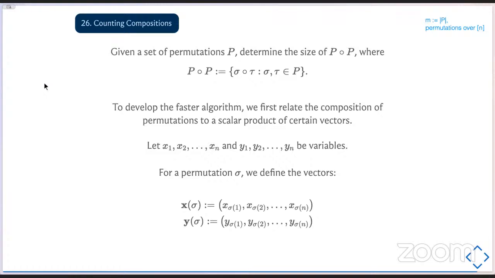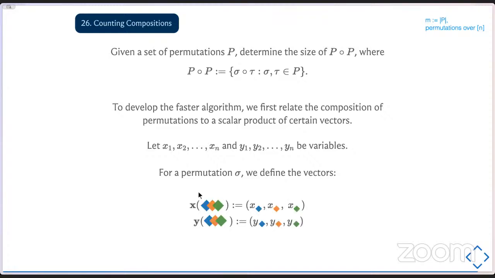And again, what we are going to do is, here's our linear algebra bit. So let's associate permutations with vectors. We're going to have these two vectors, x and y, both indexed by permutations in array notation. So if you have a permutation sigma, the x vector and the y vector associated with it is just x sub sigma 1 and on up to x sub sigma n, and similarly for y.